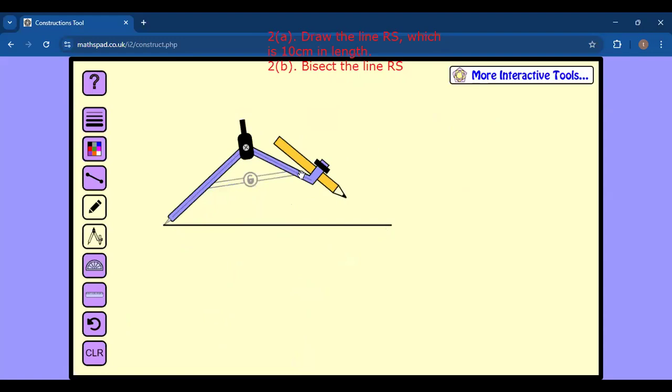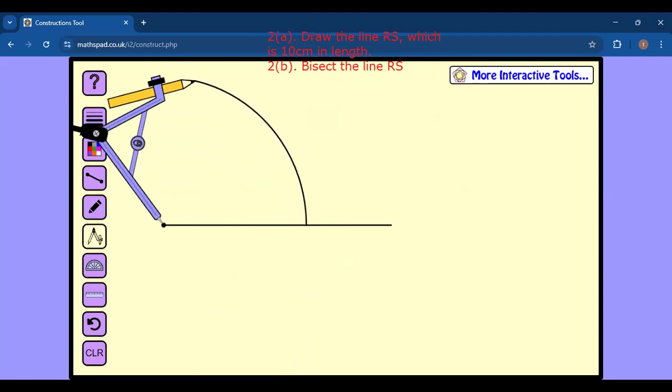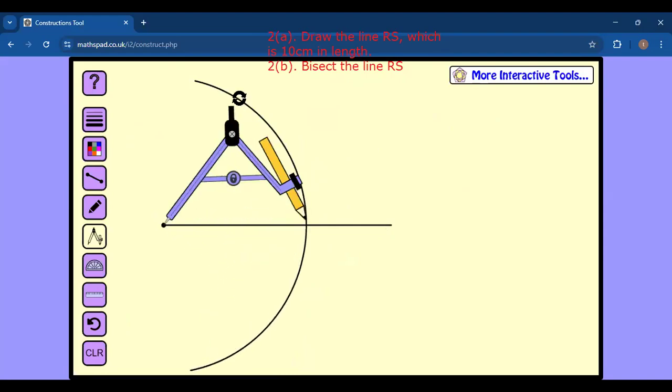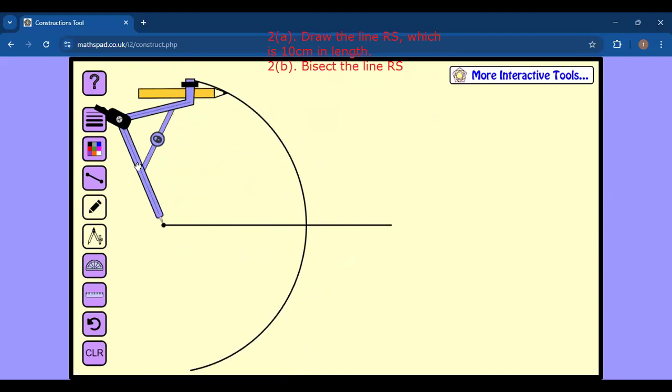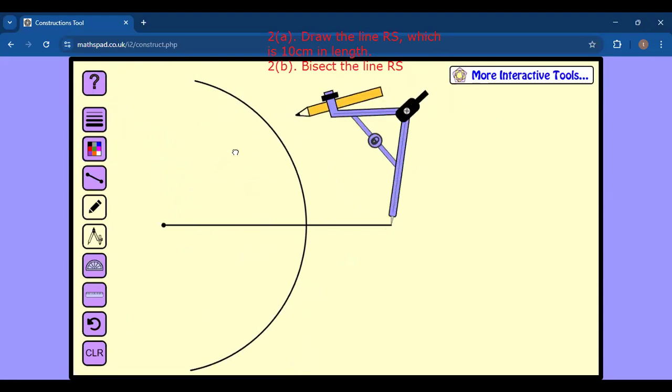We probably need about 60% because of how long the line is. Let's do the arc here. Yeah, 60% is much better for this line, because everything fits when I do it like that. So the key is making sure that your arc fits. And it does in this case.